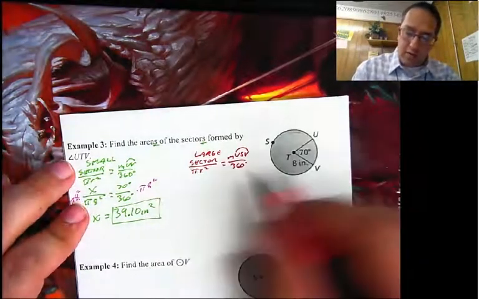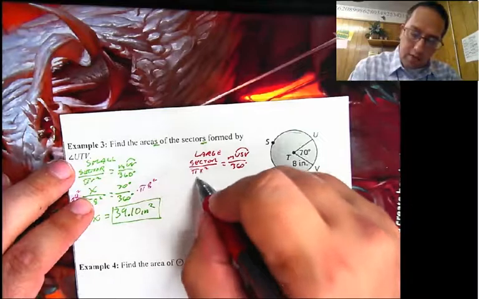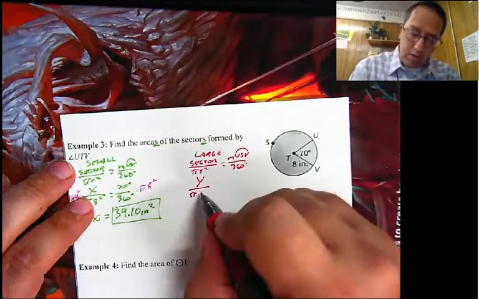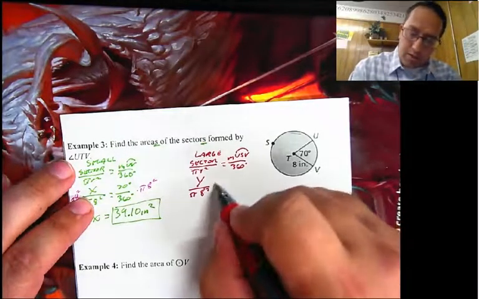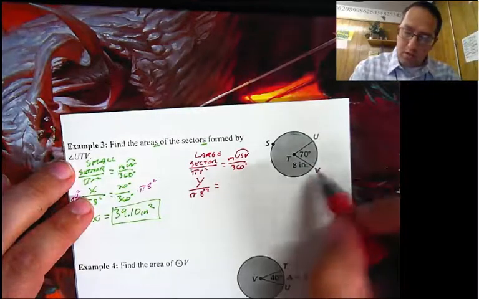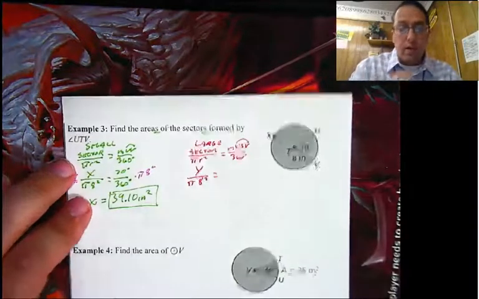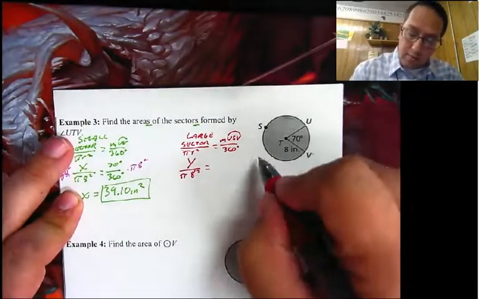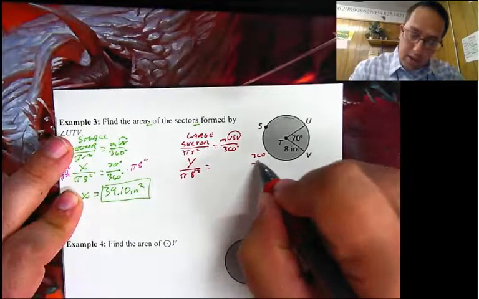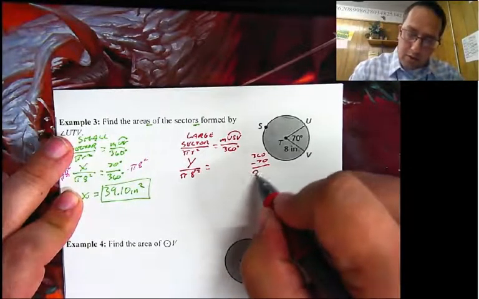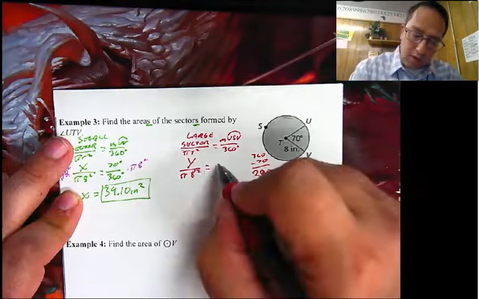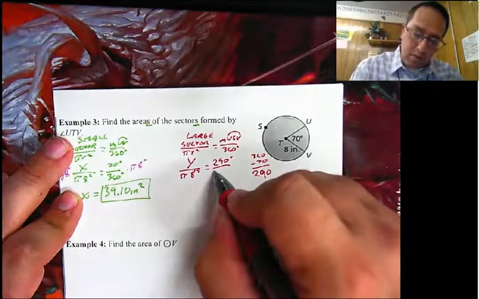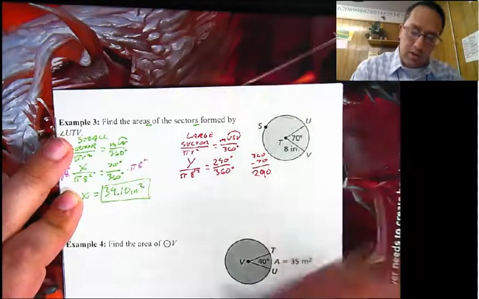Area of the sector, I don't know. I can't use x, I already used x, so we will use y over pi times r, well, it's the same circle, so it's got the same radius, 8 squared, equals the measure. It didn't tell me that, did it? But that's okay, because the measure of the entire circle is 360 and I know the minor arc to be 70, so I can just subtract them. 360 minus 70 equals 290 degrees. So 290 degrees over the measure of the entire circle, which is 360 degrees.